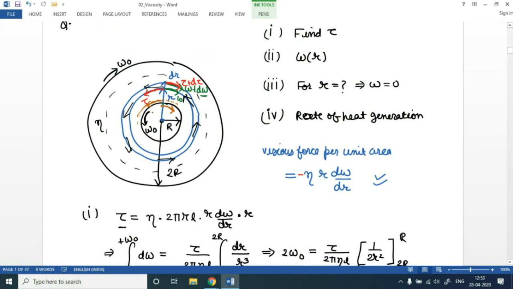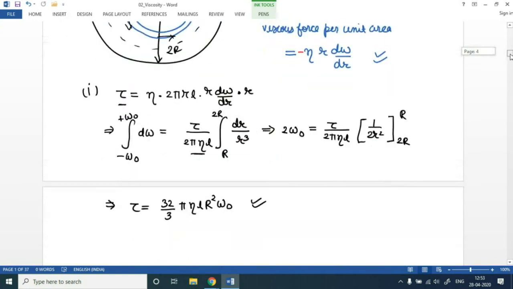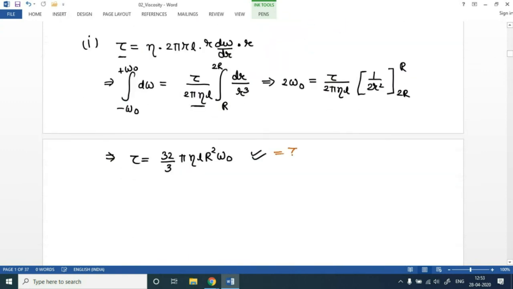So the external torque we need to apply would be in the direction of omega naught here, and similarly the external torque we need to apply would be in the direction of omega naught in the innermost and outermost cylinder as well, and the magnitude of this would be the same as this tau external, which we have already found out as the answer for the first part.